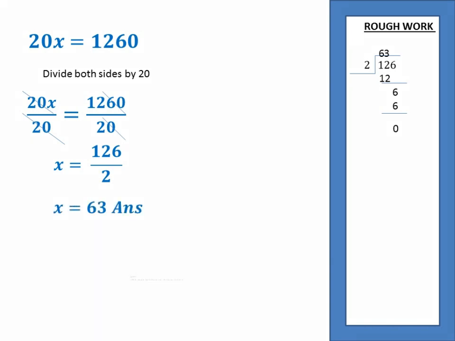First, 2 times 6 will be 12, and then 6 will be carried down, and 2 times 3 will be 6, remainder 0. So 2 times 63 is equal to 126. The value of x finally is equal to 63.